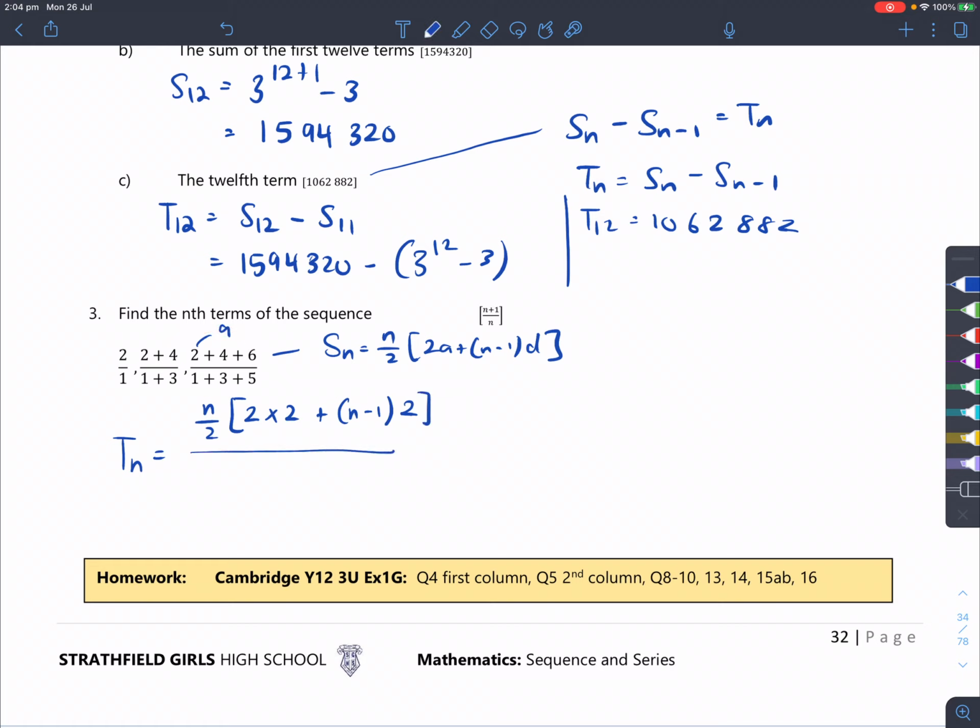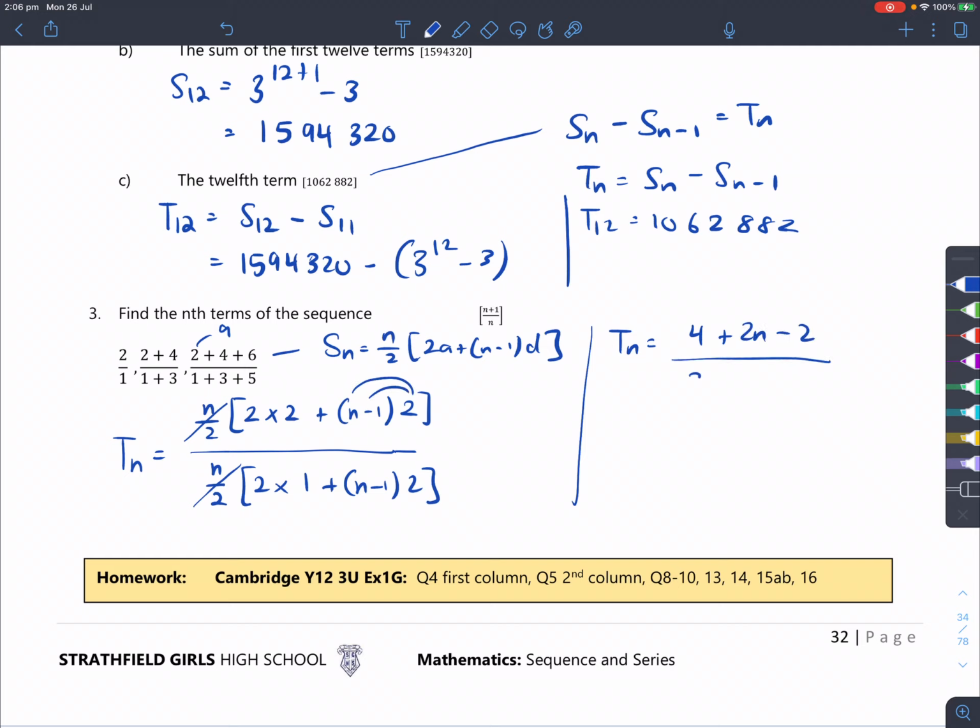Now this is all over, once again, n over 2. There's going to be the same number of terms on the top and the bottom. And then 2a, where a in this case is 1, plus n minus 1 d. You can see that the n over 2's can cancel, and we can simplify whatever's inside. So we'll have 4 plus 2n minus 2 over 2 plus 2n minus 2.